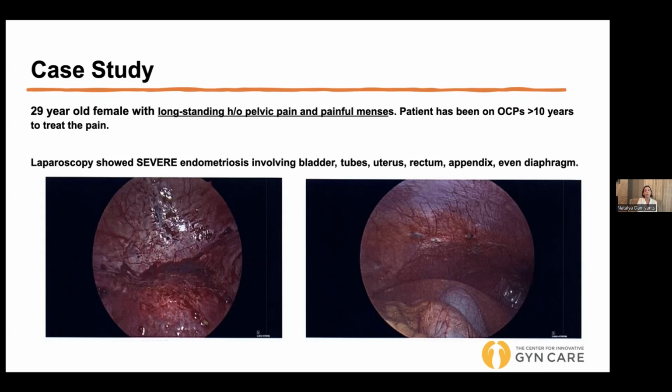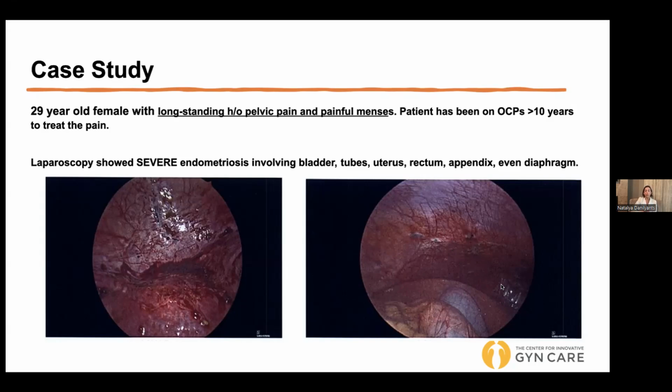We actually found very severe endometriosis. I mean, almost every surface inside was covered with endometriosis, starting from the pelvis going all the way to the upper abdomen. So this is actually the liver and the gallbladder here and some bowel, and this is the diaphragm. So she has multiple lesions, and you can't see it on the picture, but it's all the way up here.